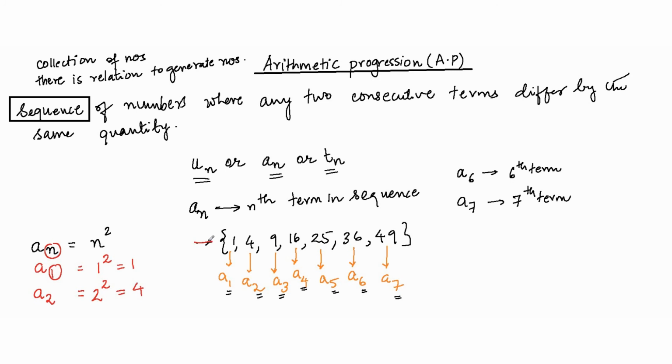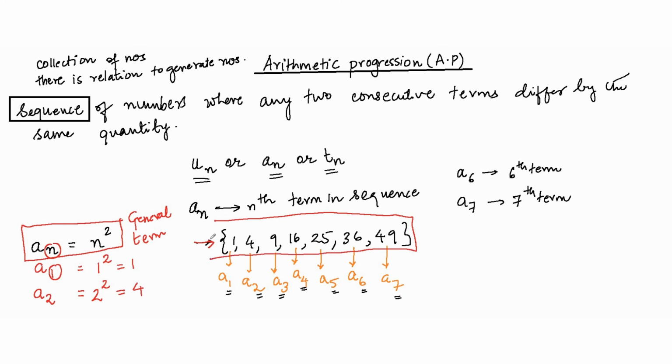So this particular sequence has a general term. This is called the general term of this particular sequence. So basically this is the formula that helps you generate any term of this particular sequence. So this collection of numbers, which is governed by the formula n square, is called a sequence of numbers.